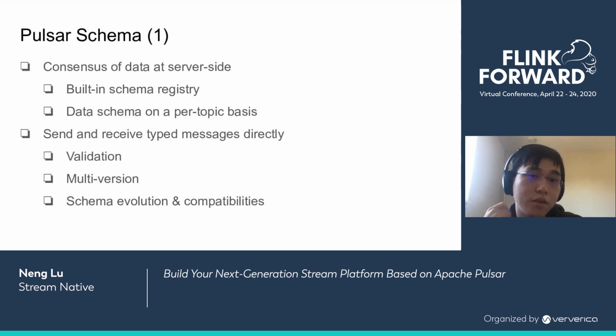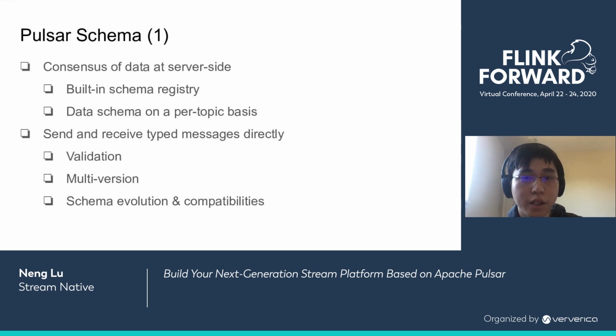The next thing I want to discuss is the Pulsar schemas. With schemas, we can enforce data at the server side. Pulsar itself has a built-in schema registry, and we provide data schemas for each topic. The client can also send and receive typed messages directly with validation.